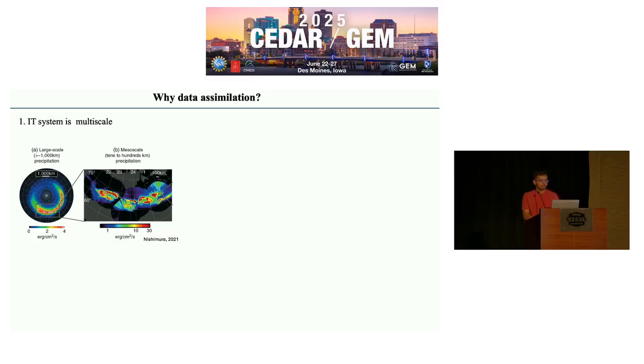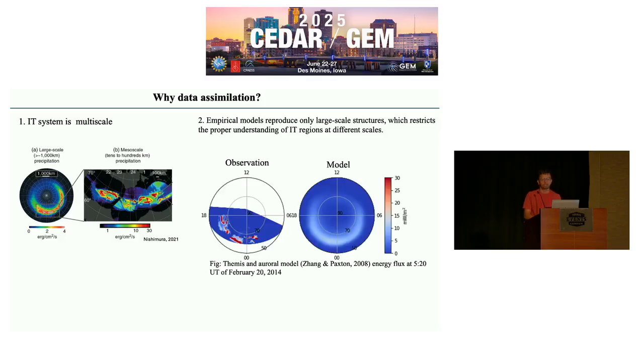We see one type of pattern if we look at a range of around 1,000 kilometers, but if we zoom into the mesoscale, around 100 kilometers, then we see different types of patterns. The empirical models only reproduce the large-scale structures, which restricts the proper understanding of IT regions at different scales.